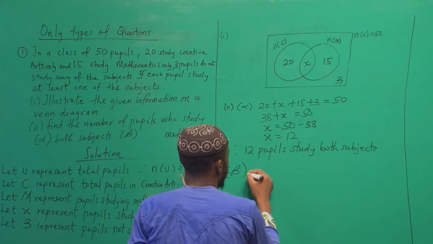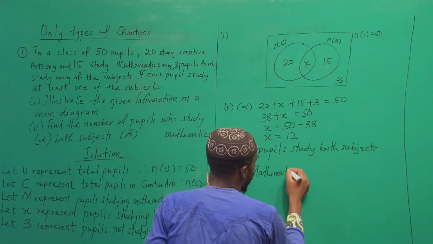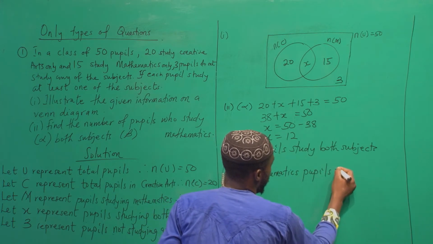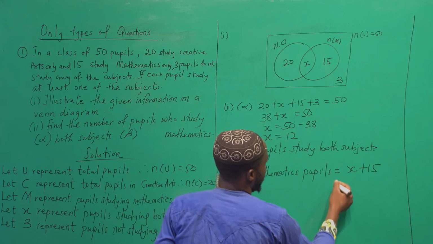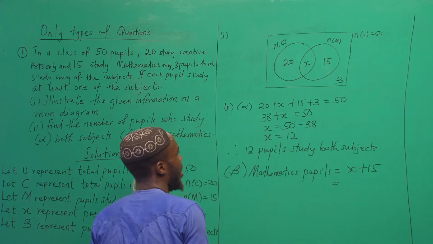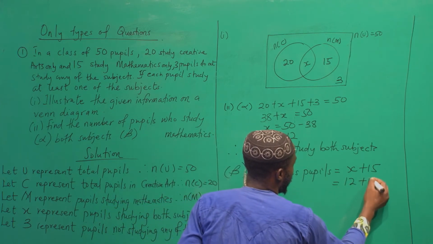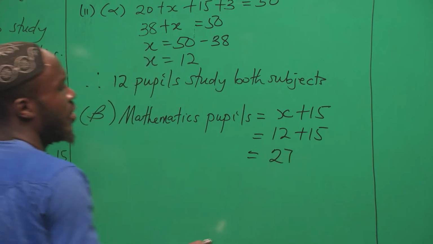So you can write mathematics pupils will be equal to x plus 15. And our x is now what? 12. So 12 plus 15. And our answer is what? 27.